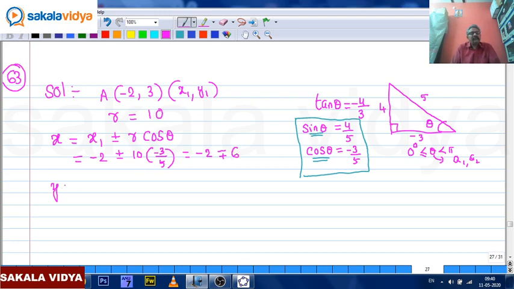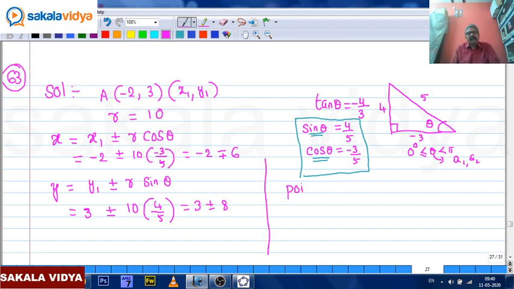Now y is equal to y1 plus or minus r sin theta. So this will be 3 plus or minus r, which is 10, and sin theta is positive, that is very important, 4 by 5. Here you get 3 plus or minus 8. Now how to take the required points?